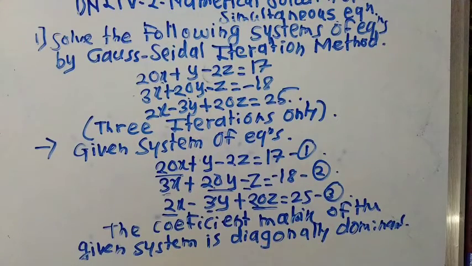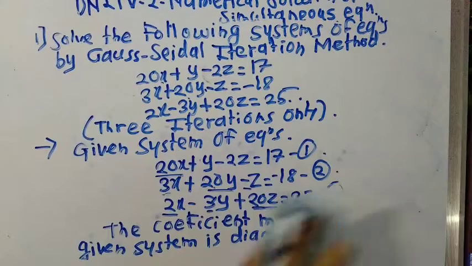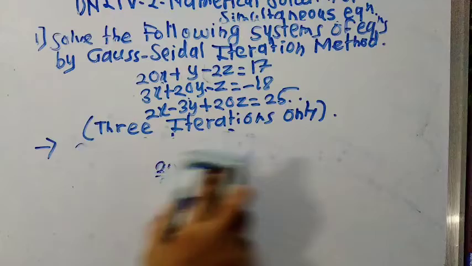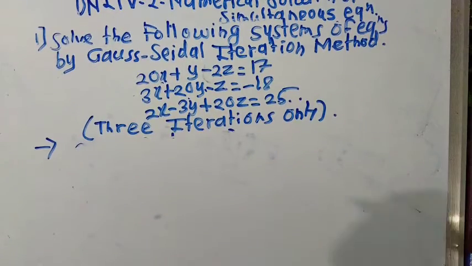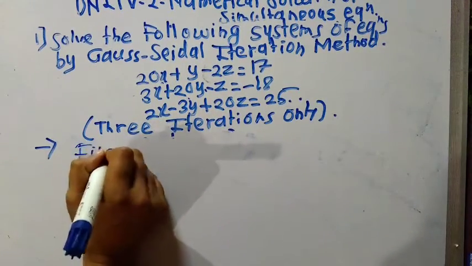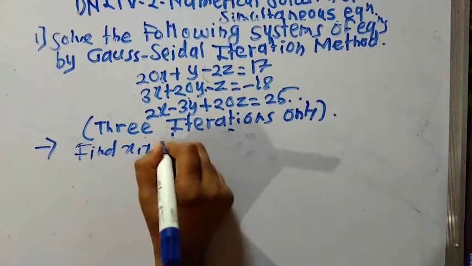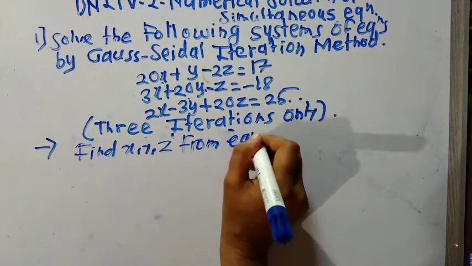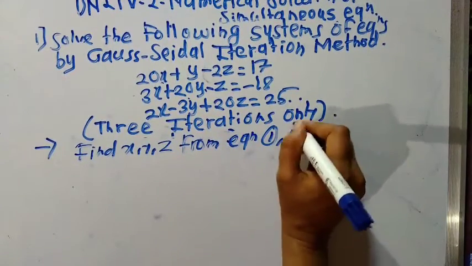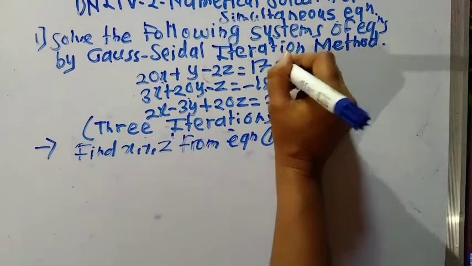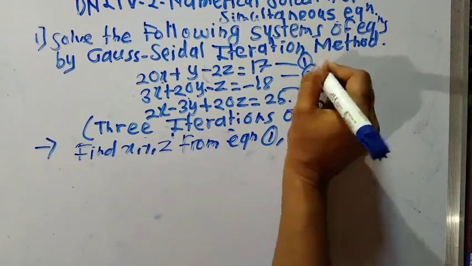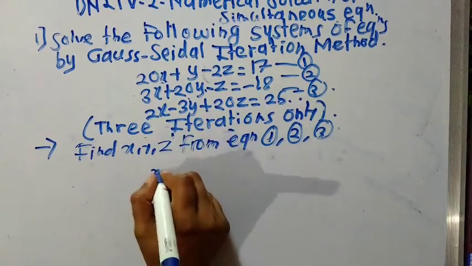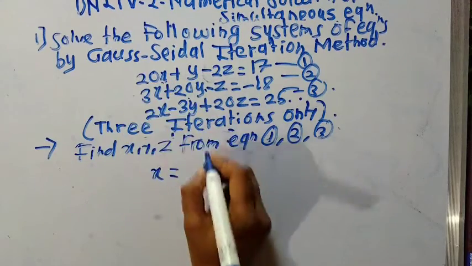So first find out x, y and z from equations first, second and third. From the first equation find out x. The coefficient of x is 20.